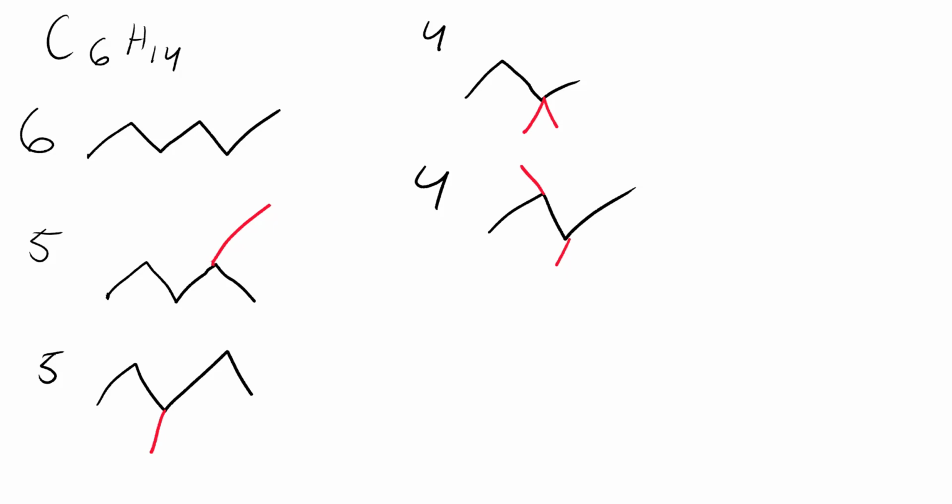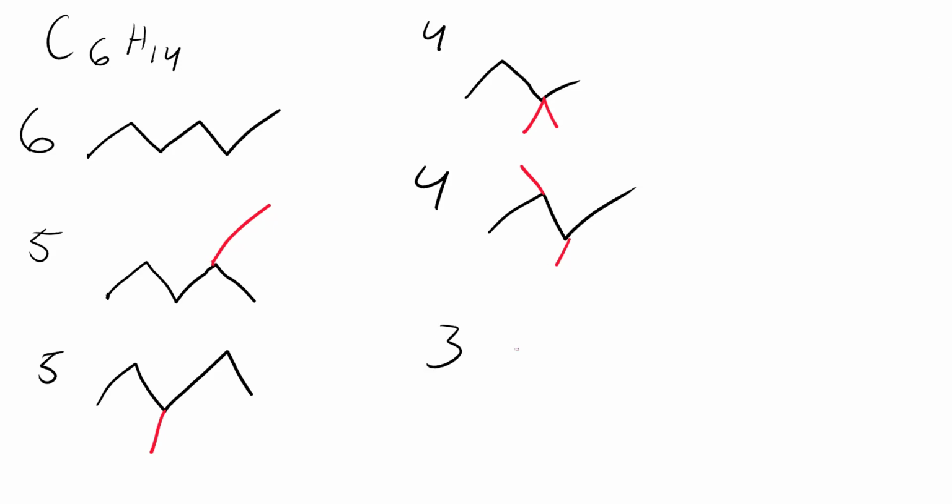Try to get as many constitutional isomers as you can. We can no longer work with 4 anymore, because if we kept doing this, we would just have repetitions. That's 5. This would be 6, right? Well, yeah, it would be the same thing as this one. So we can no longer work with 4.